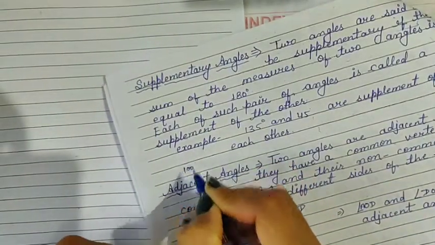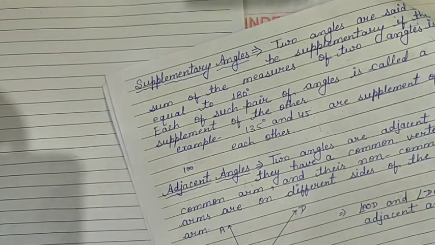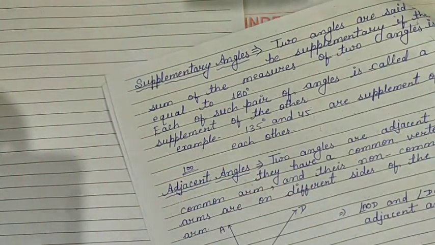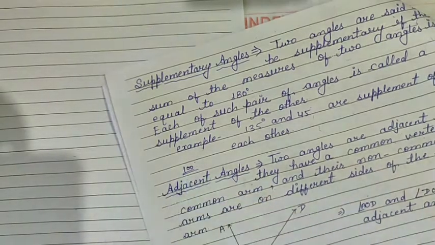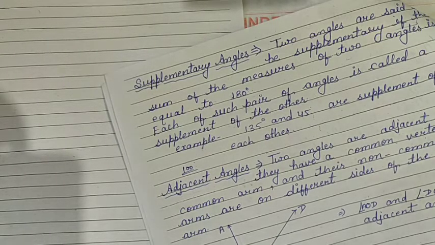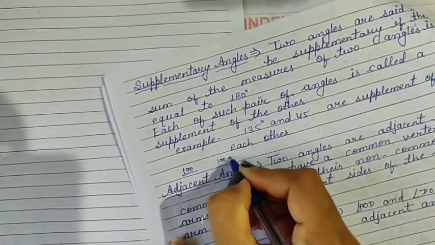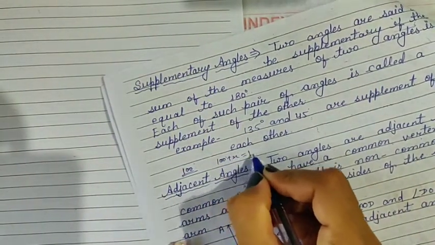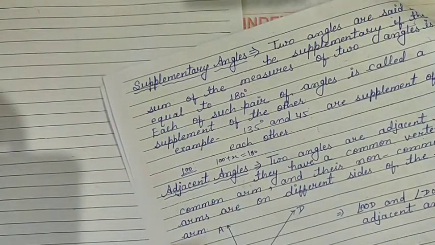Find the supplement angle of 100 degree. Okay, it is given: find the supplement angle of 100 degree. We know that if the sum of two angles is equal to 180 degree, then they are called supplementary angles. For example, let x be the supplementary angle of 100, then their sum must be equal to 180 degree.